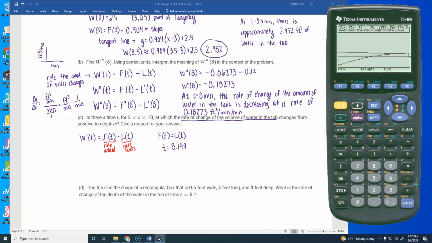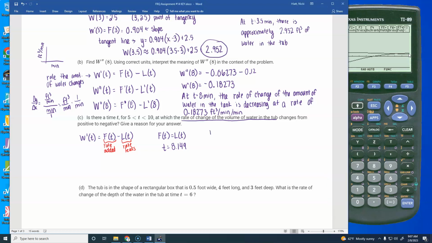So we could say for 5 less than t less than 8.149, f of t is greater than L of t, so W prime of t is positive.